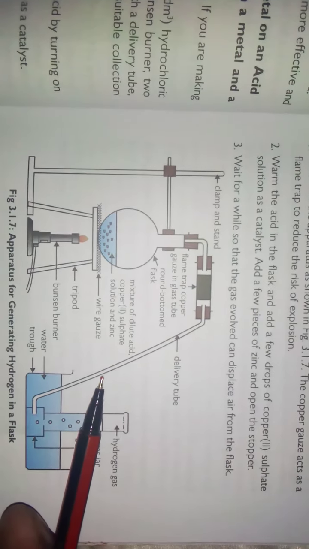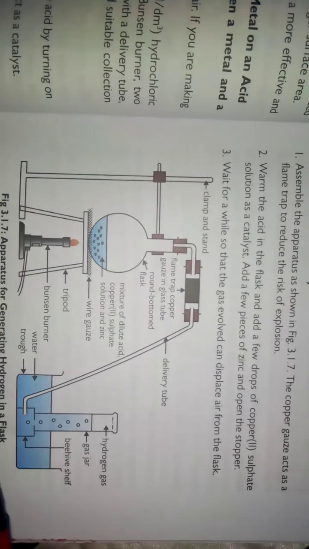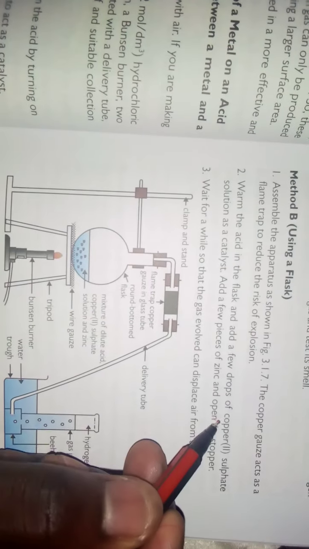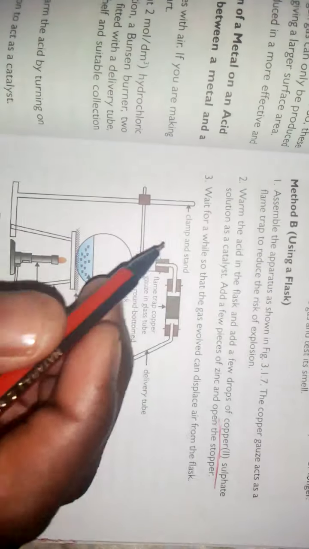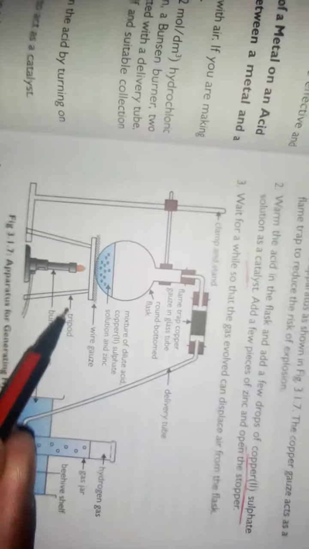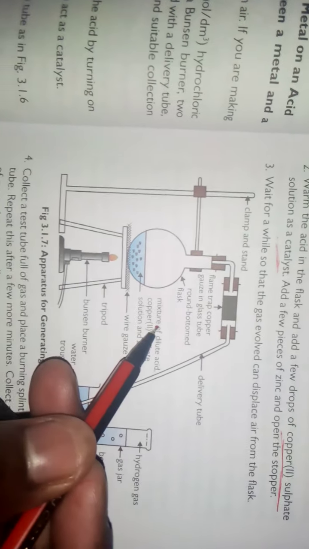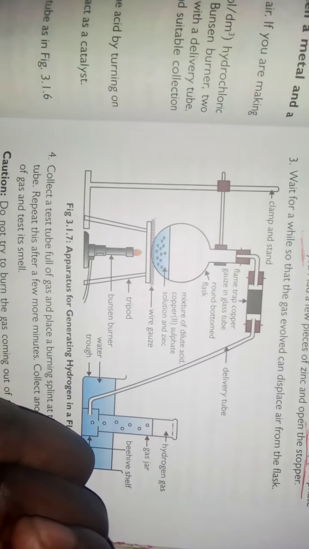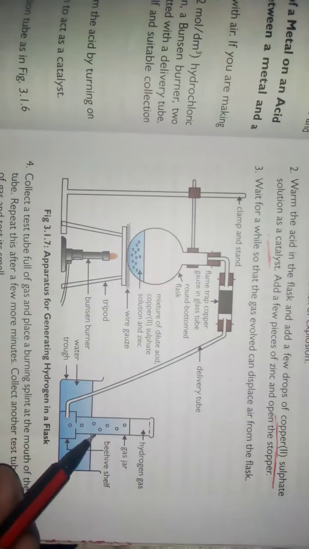So why are you adding copper(II) sulfate? You're adding it to act as a catalyst, just to speed up the chemical reaction. When you mix them, the zinc will react with the acid. And you know, when a metal reacts with an acid, hydrogen and a salt are produced.